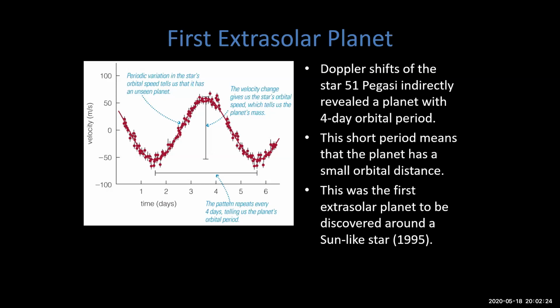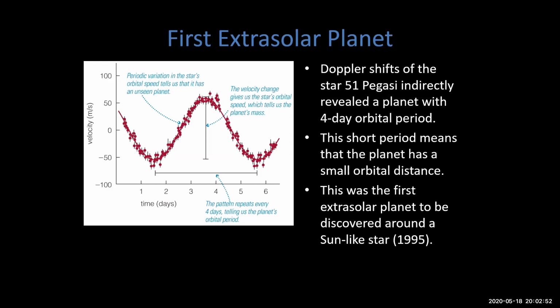This is essentially how they discovered the first extrasolar planet, 51 Pegasi b. What they saw was that the light was shifted by some amount every 4 days, and that it repeated the exact same pattern every 4 days.